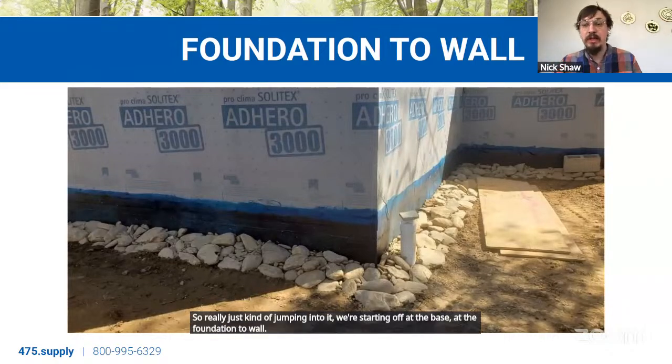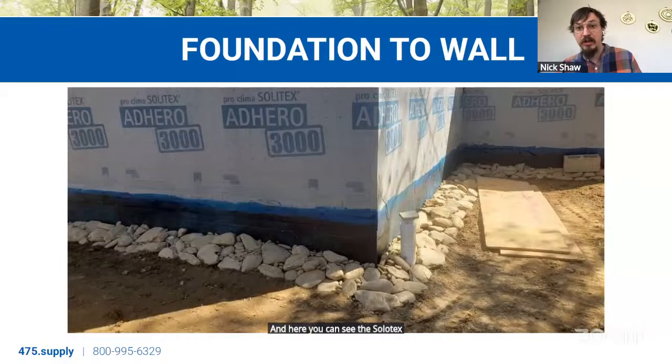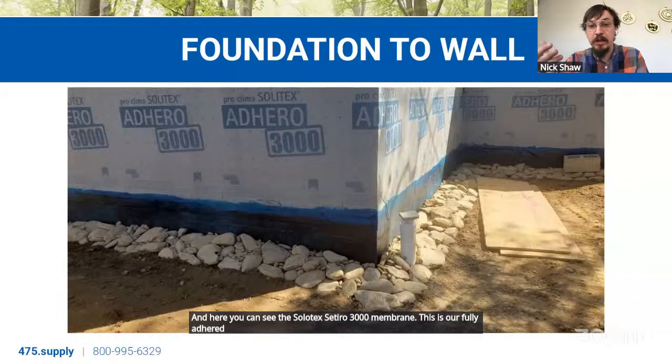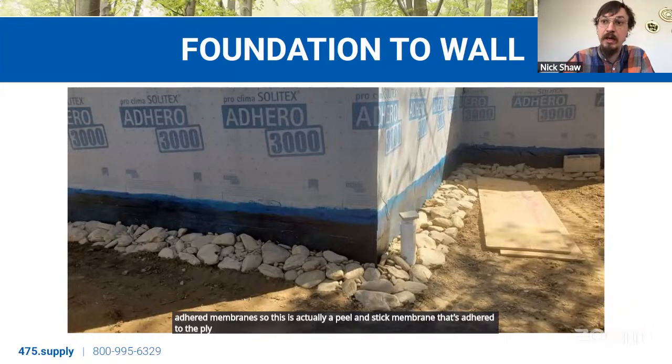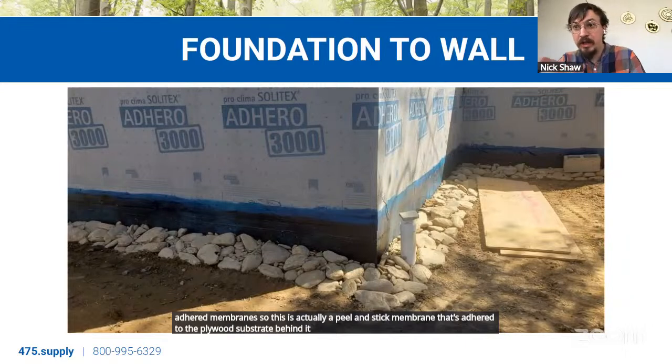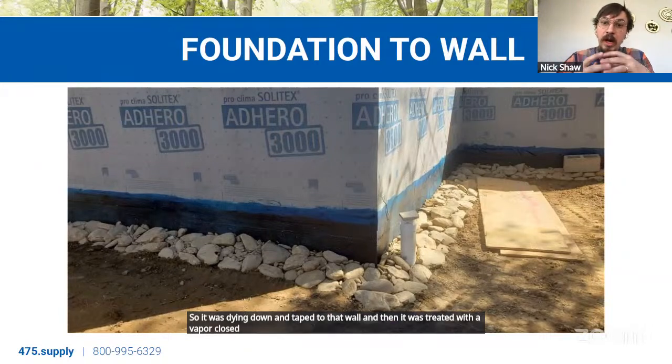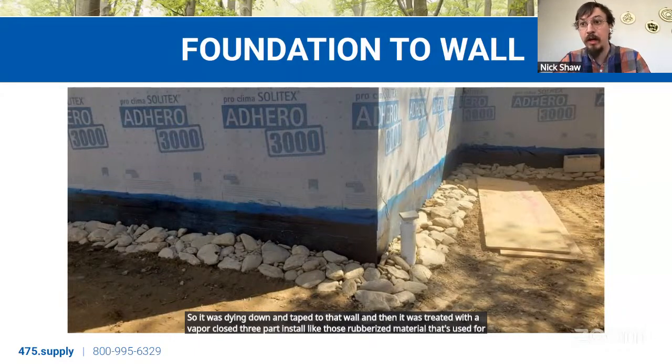And here you can see the Solitex Adhero 3000 membrane. This is our fully adhered membrane. So this is actually a peel and stick membrane. It's adhered to the plywood substrate behind it. And this project has a CMU block wall, so it was dying down and taped to that wall. And then it was treated with a vapor closed 3-part install of this rubberized material that's used for below grade waterproofing.